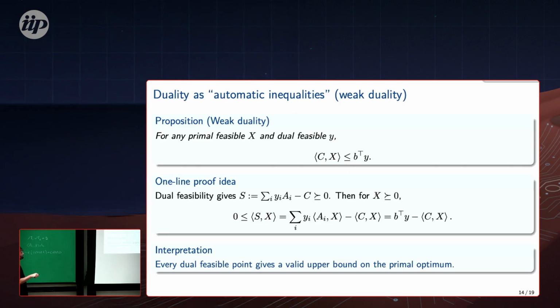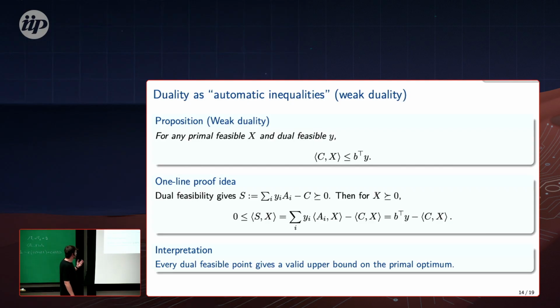So if x is positive semidefinite, then we can just take all these scalar products, and we see that what remains is b transpose y minus C x, which is exactly this inequality we wanted to have. So essentially, by looking at this Lagrange multiplier, we have that no matter what SDP we're looking at, if we have a feasible y and a feasible x, then this relation must always hold.